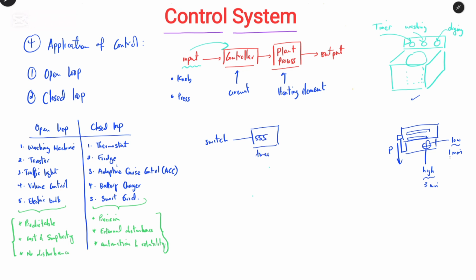This timer is responsible for regulating the minutes. And we have the heating element. With the input of the switch, when the switch is pressed, there will be a counter timing on the LM555 timer or any 555 timer to continue the heating element.